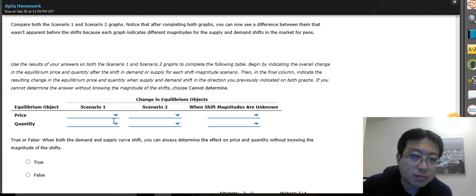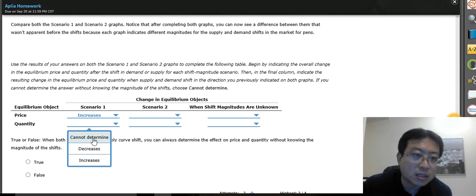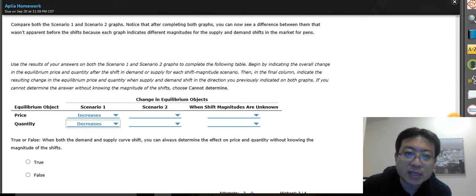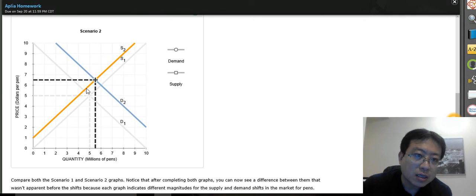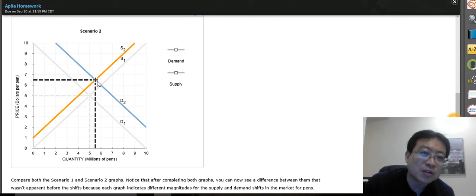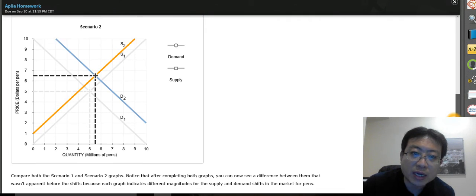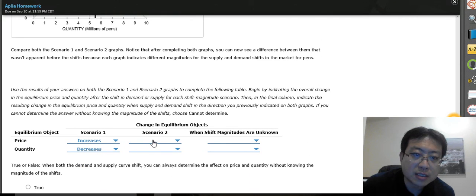So we can say that price has increased, quantity has decreased. And then let's look at the second scenario. 5.5 and 5 is the old equilibrium. The new equilibrium is 5.5 and 6.5. So price and quantity both increased. So let's go back and finish this. Price increased, quantity increased.